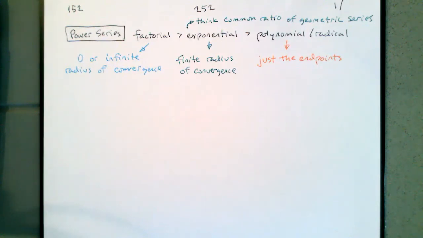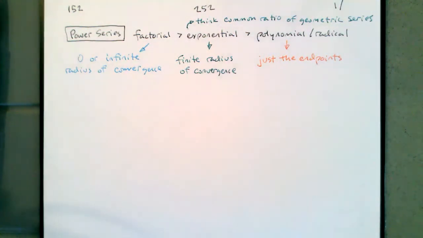The other possibility is that a power series only converges at the center with a 0 radius of convergence, or it converges for all real numbers with an infinite radius of convergence. For that to happen, we need to see some factorial factors, because in the limit from the ratio test, the factorial factors are the ones that are going to leave n behind.